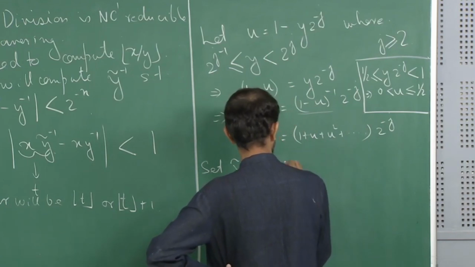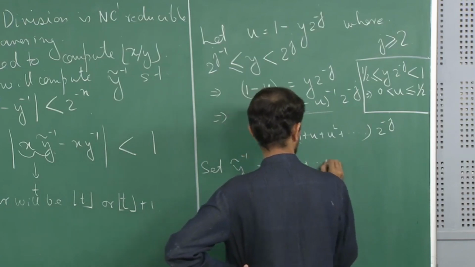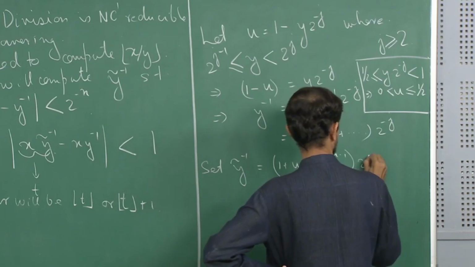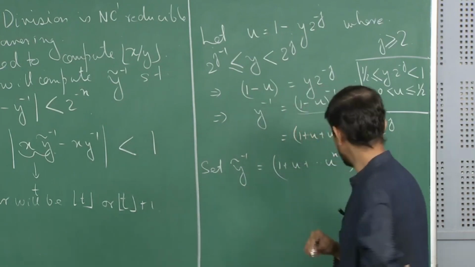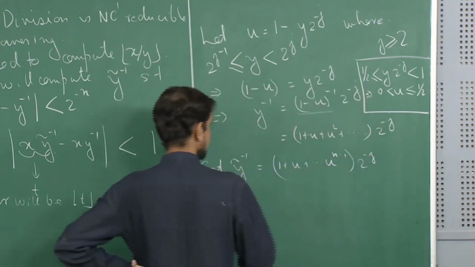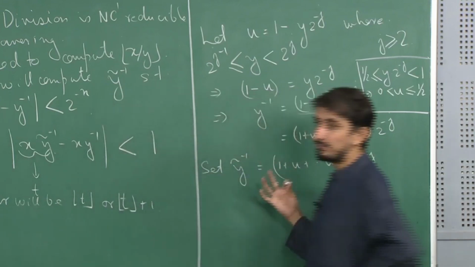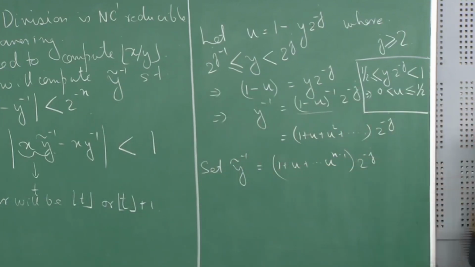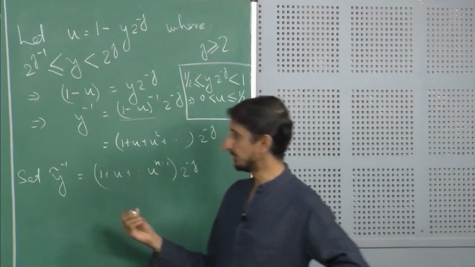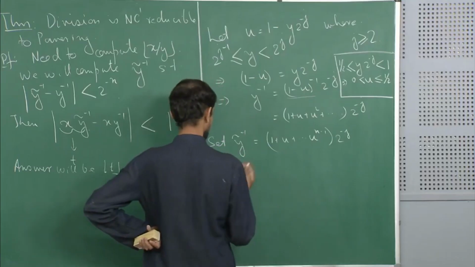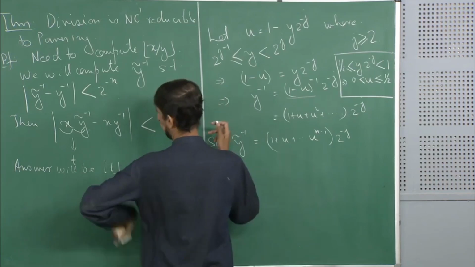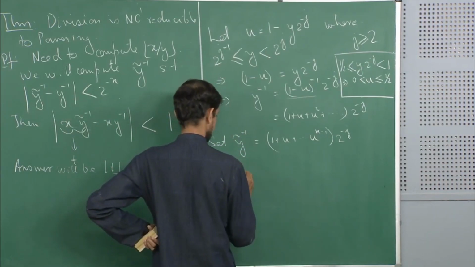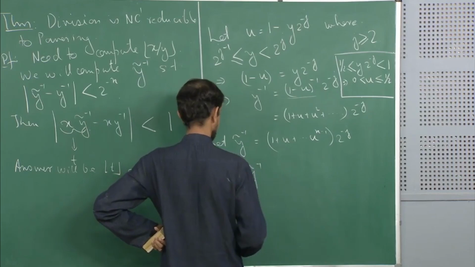So it is 1 plus u plus up to u to the power n minus 1, into 2 to the power minus j. So this is going to be our y. So now you can see where we are using powering. Essentially we are using powering to compute these powers of u.